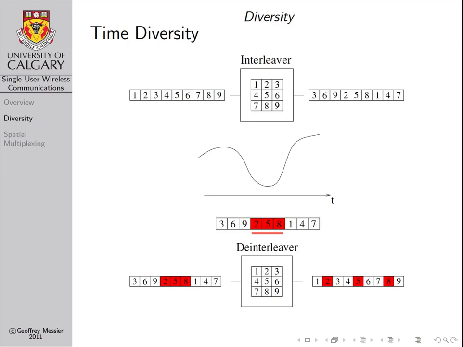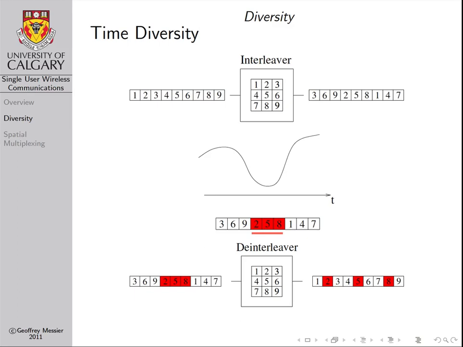Now, one more important comment here is regarding the length of the frames. An interleaver and a de-interleaver operate on a frame-by-frame basis. And so it's important that the frames are long enough to encompass several coherence times of the channel, right?